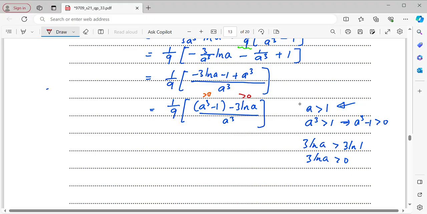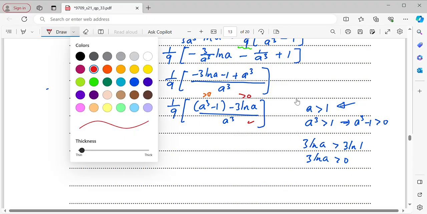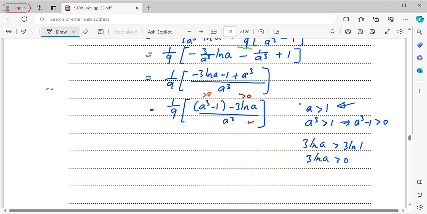Okay, therefore, when you consider this whole value inside the bracket, I know that you will get positive minus positive over positive because your a cubed is more than 1, right?